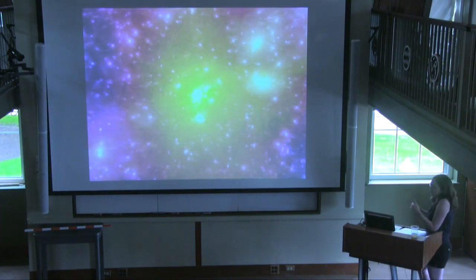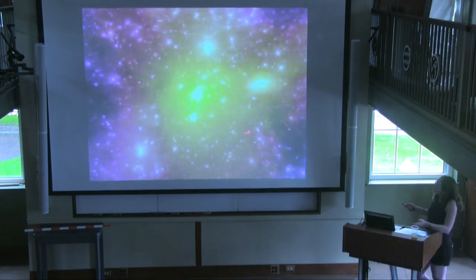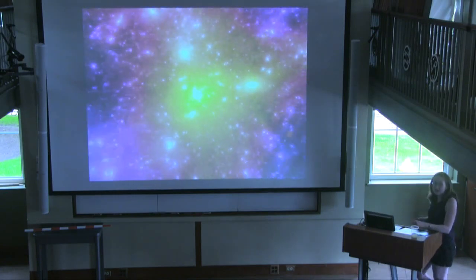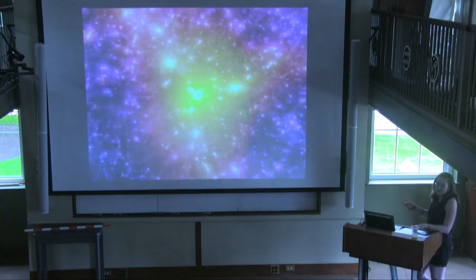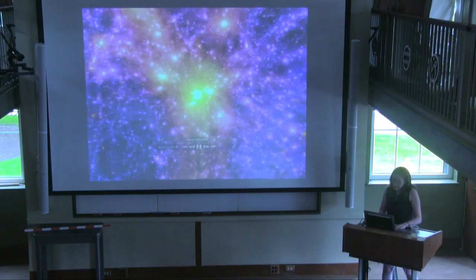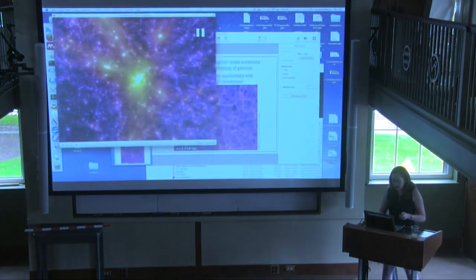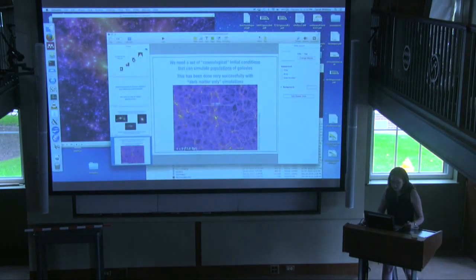But of course, what we would really like to be able to do is to simulate the baryonic processes on top of and coincidental with the dark matter structure. And as you might be able to imagine, there are some very good reasons that this has not been done until recently.